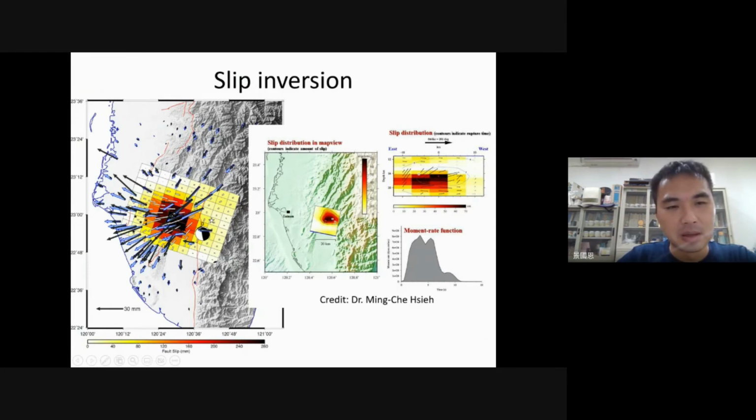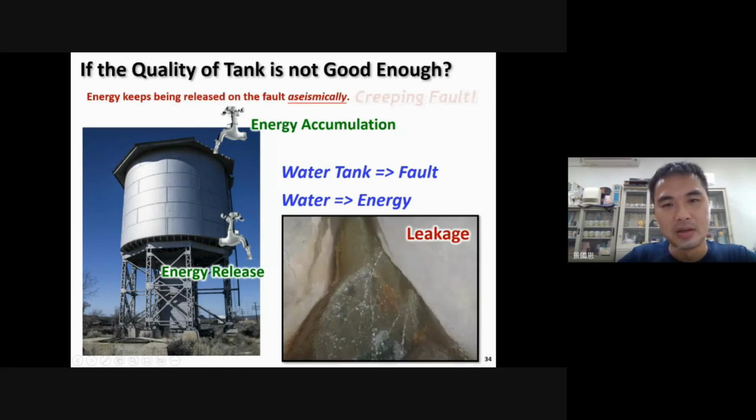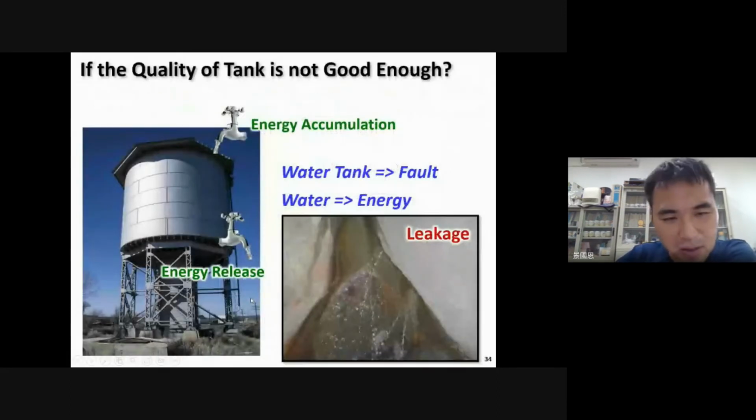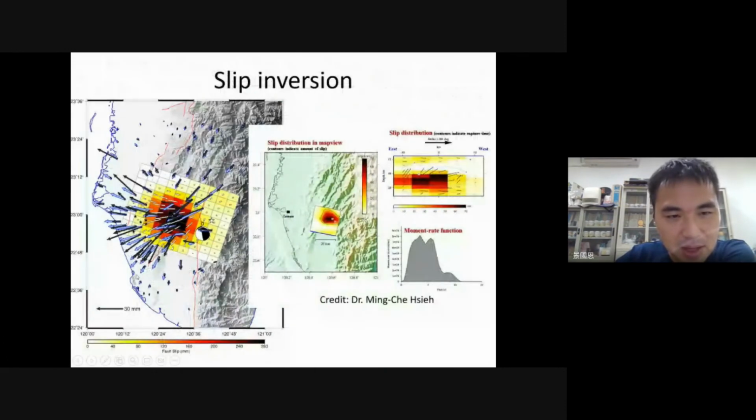Please remember these two pattern features. Another feature is this harbor, which is for military usage.